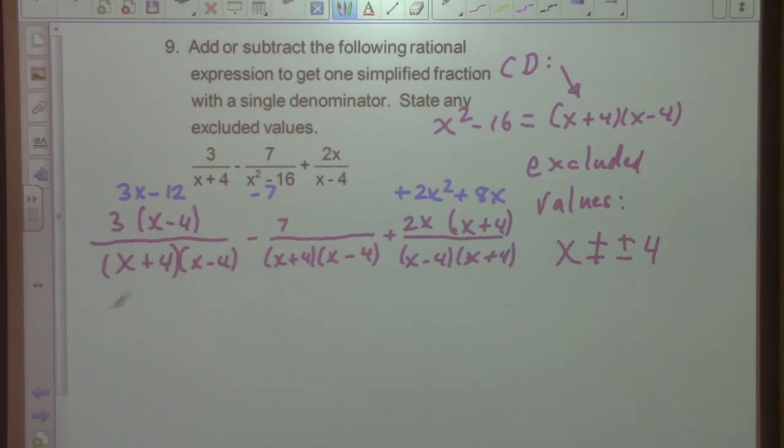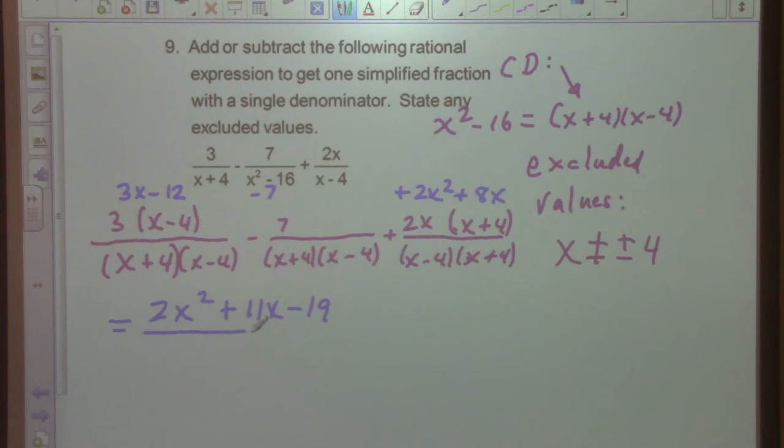And then we can just combine our like terms, which are, first of all, we'll put 2x squared. And then we have 8x plus 3x, which is 11x. And finally, we have minus 12 minus 7, which will be minus 19, thank you.